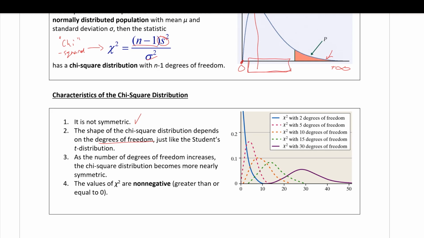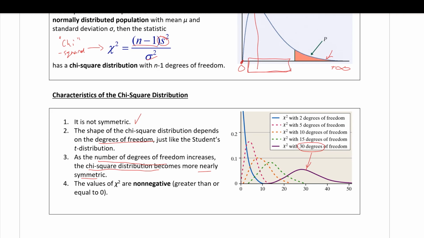Now as the degrees of freedom increases, what we start to see is that this chi-square distribution becomes nearly symmetrical. As you can see from this graph here, the chi-square with 30 degrees of freedom is this purple one, right? And that does start to look like it's normally distributed.